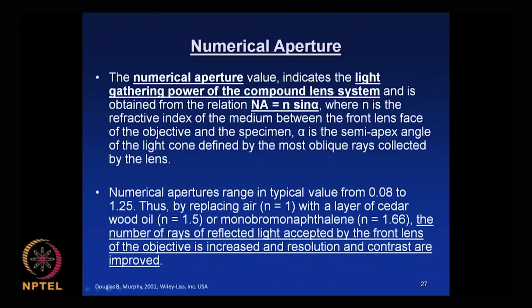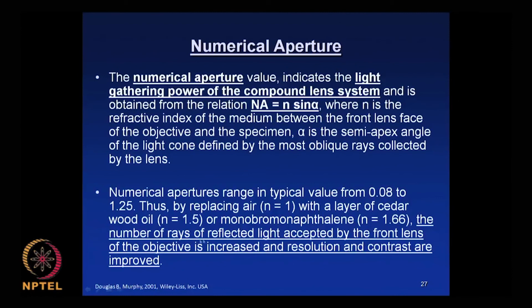Numerical apertures range in typical value from 0.08 to 1.25. We can thus replace air, which has a refractive index of 1, with a layer of cedar wood oil, where n is equal to 1.5, or monobromonaphthalene, which has n equal to 1.66.